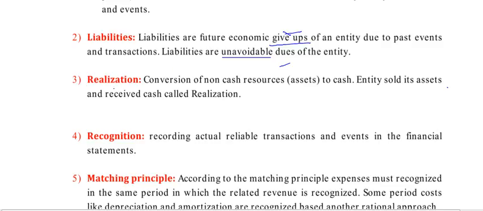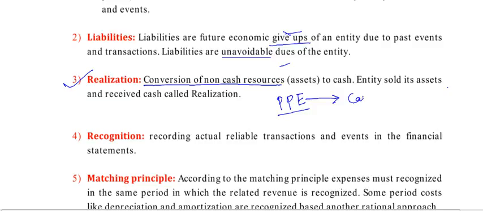Next is the realization principle. This principle is related to the revenue accounts, assets and liabilities of the organization. Realization means conversion of non-cash resources, simply assets, such as property, plant and equipment, into cash.